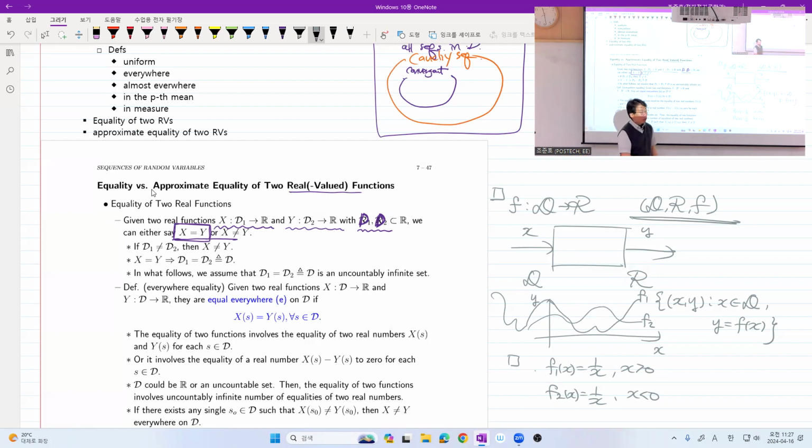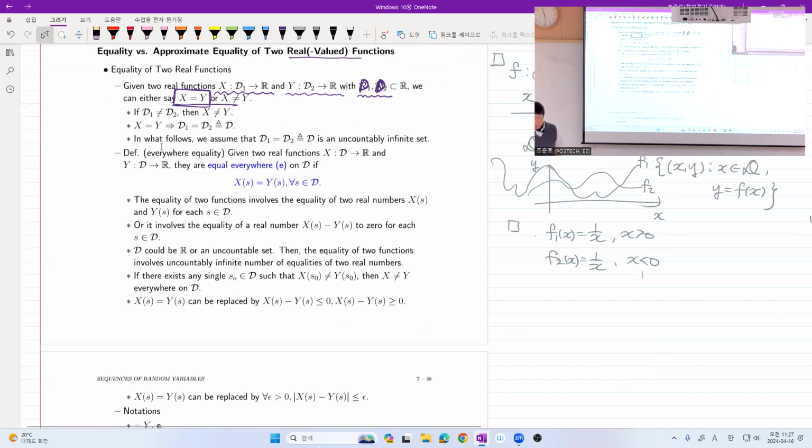And second, at each point in the common domain, their function values must be the same. So how many equalities do we have to check to claim that two functions are the same? We need to show that the function values are the same for every input argument in the common domain.